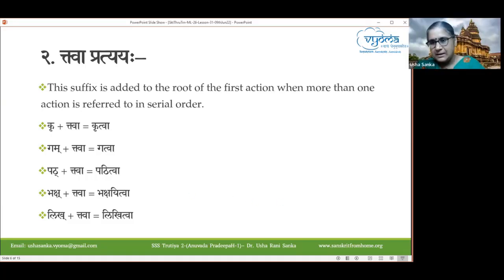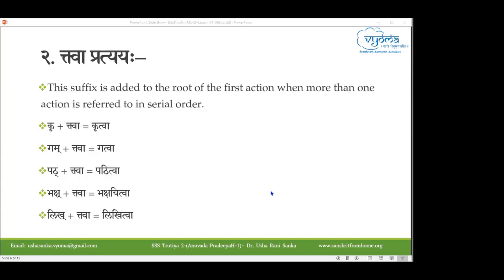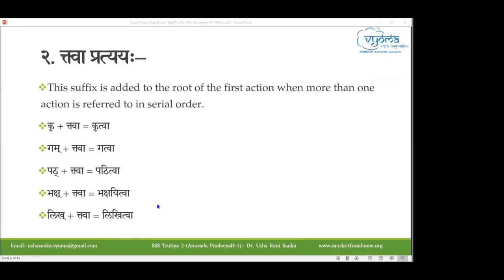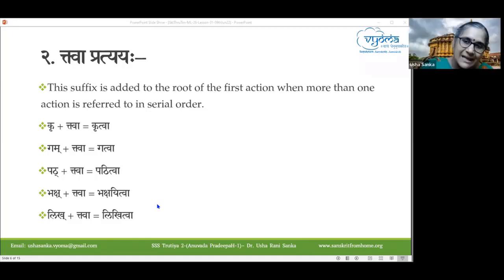Next, Subbarao-ji, please tell. Lik plus ktva. Likhitva. So we don't see the lekhitva, isn't it? Lekh is not happening in this case. But in the book it is given, likhitva, lekhitva is also given.